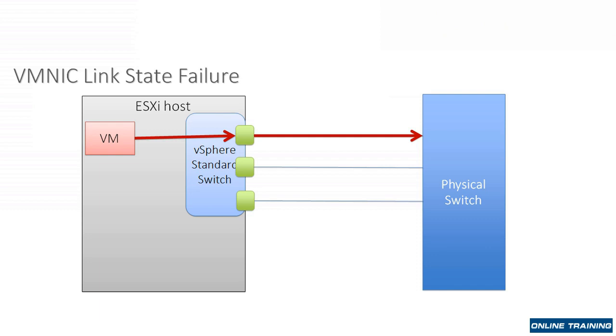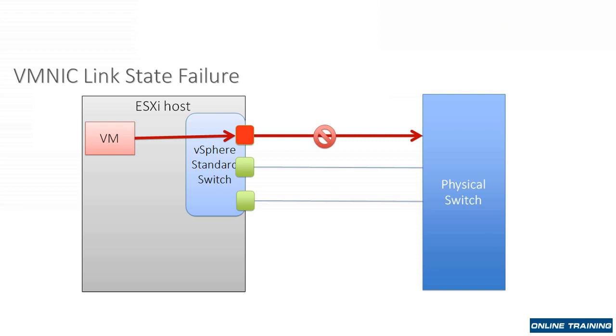Now, let's say that we have some sort of problem, like maybe somebody is cleaning up some cabling for us and they cut the wrong cable. And that network connection that's currently being used by this VM is now down. So at this point, this VMNIC, this physical adapter, has lost connectivity.